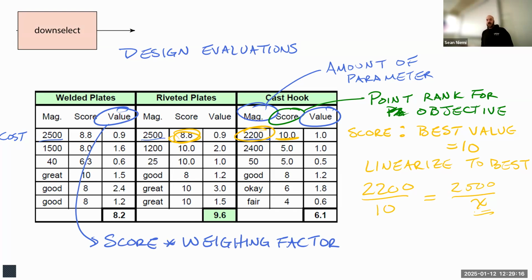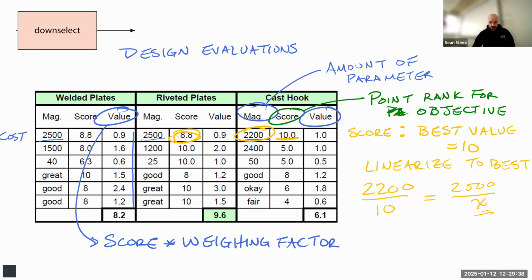So we can go through and say, all right, I got a score of 8.8. Cost was 10%. That means it's 0.88, which rounds up to 0.9 for this situation. And we can go through and calculate what all of our values are.